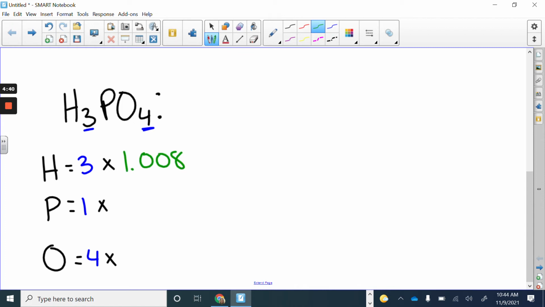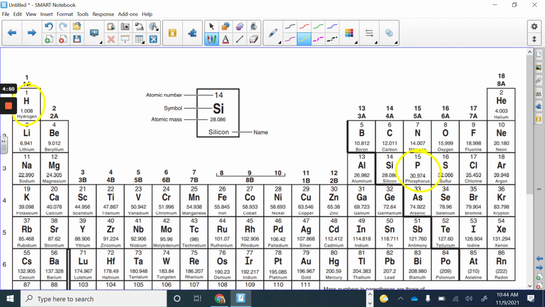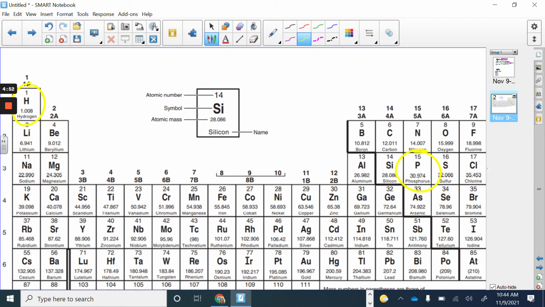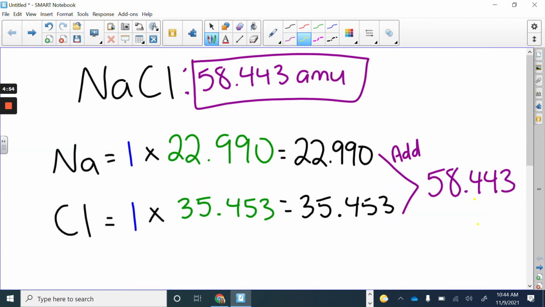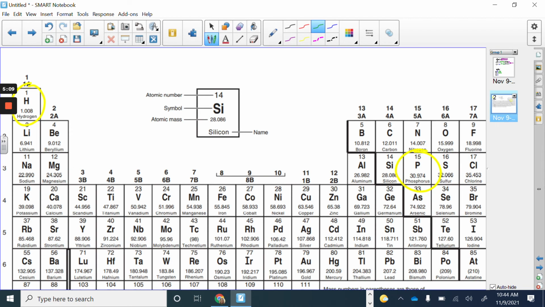We'll do the same thing for phosphorus. Phosphorus is right here, 30.974.